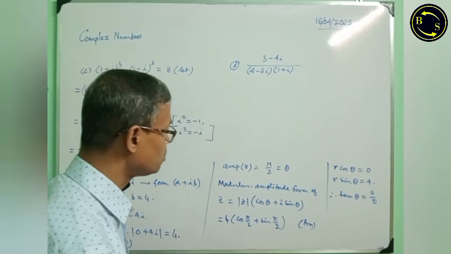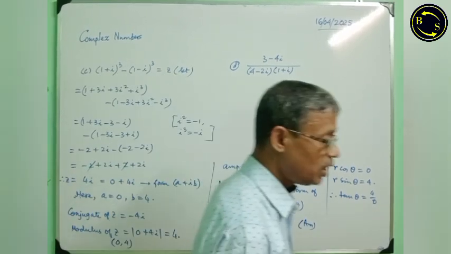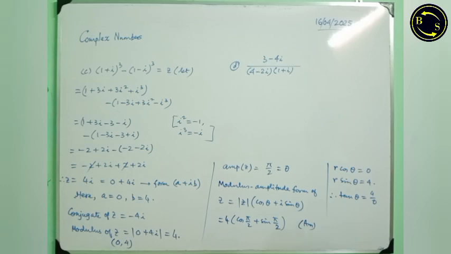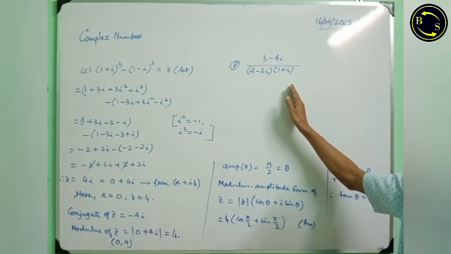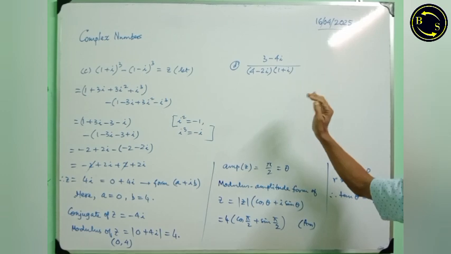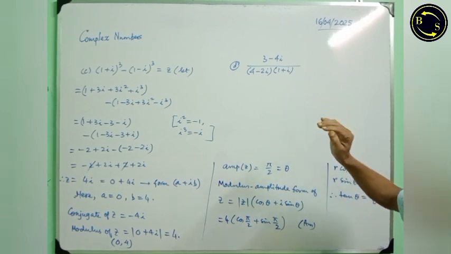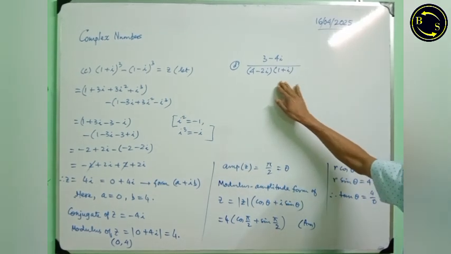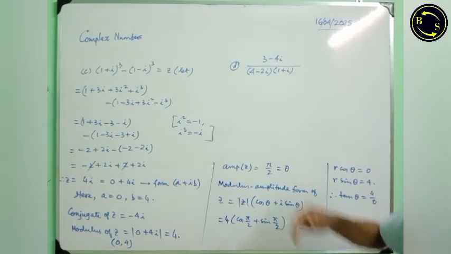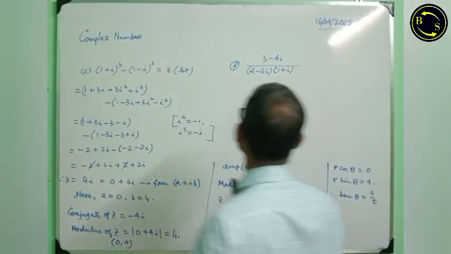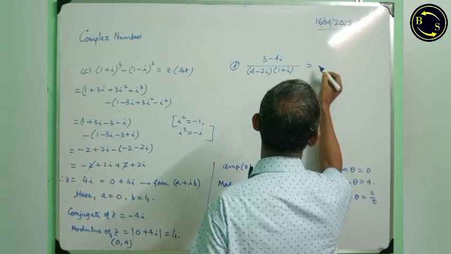Next sum is this one, 3 minus 4i divided by 4 minus 2i within brackets 1 plus i. To express that in the standard form or in the form of a plus ib, first we have to remove the denominator. I proceed like this. First I take this as z.